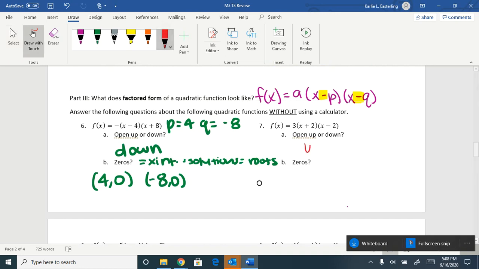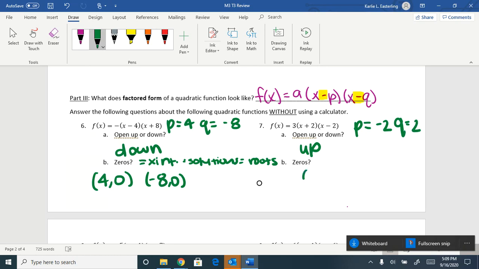So is this one going to open up or down? It should open up. This one will open up, though. Our p value here is -2. Our q value is +2.